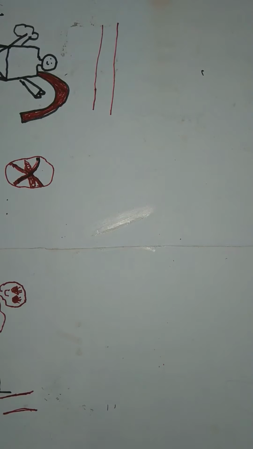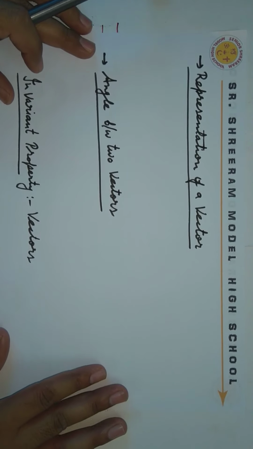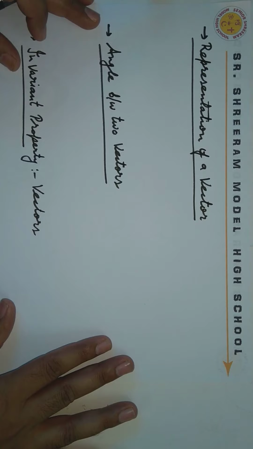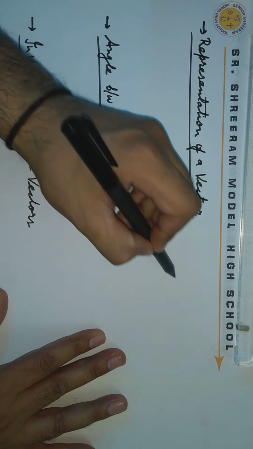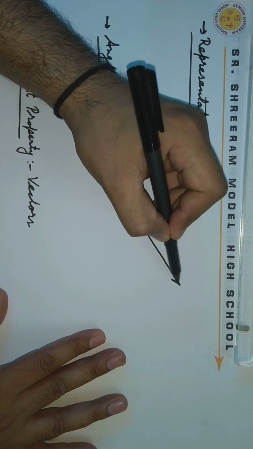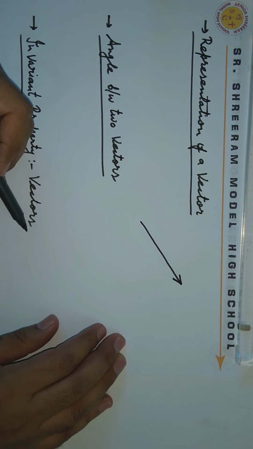Now we will see how to represent a vector. Generally a vector is represented by a line having an arrow at one end.